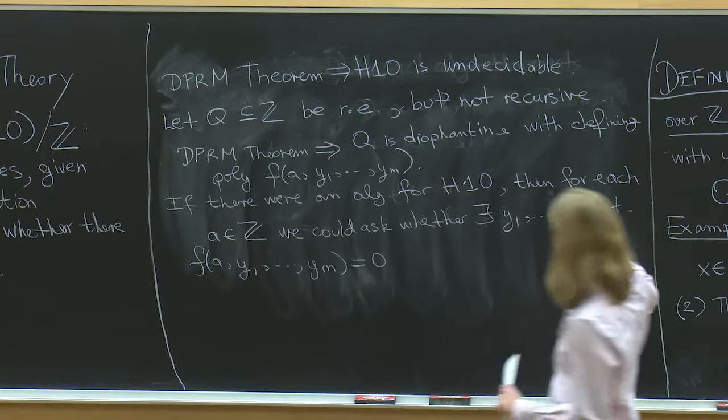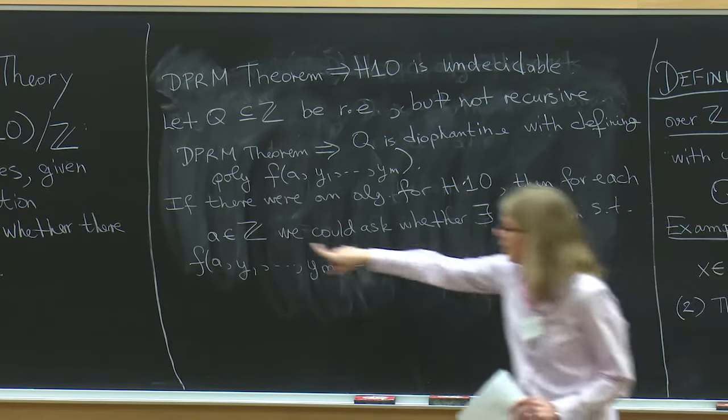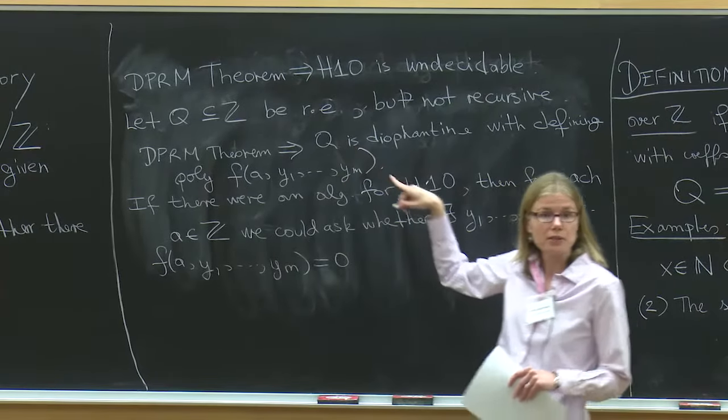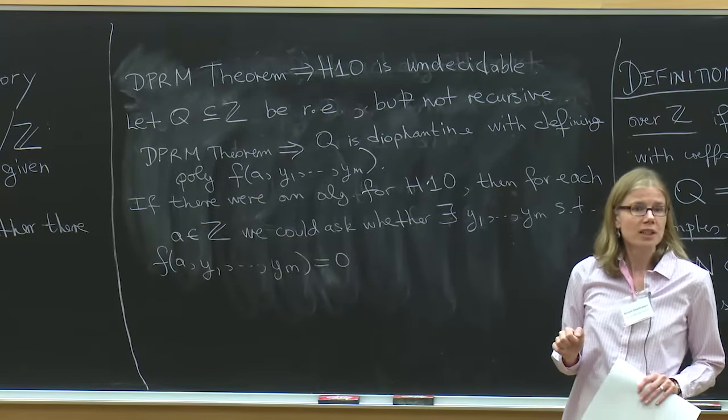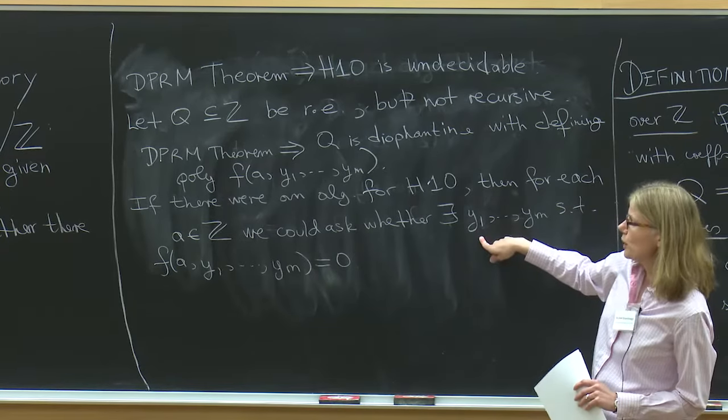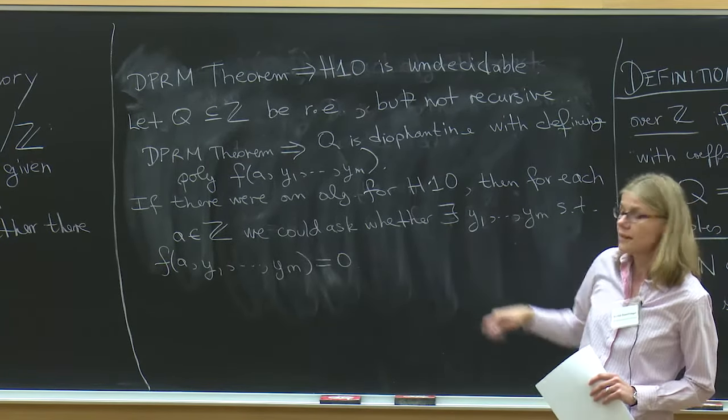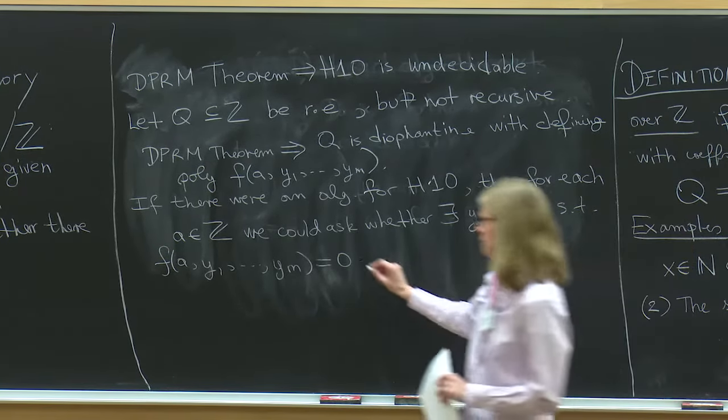Well, if they exist, then a must be in Q, and if they don't exist, then it's not in Q. So that means the algorithm for Hilbert's 10th problem would let us decide membership in Q.